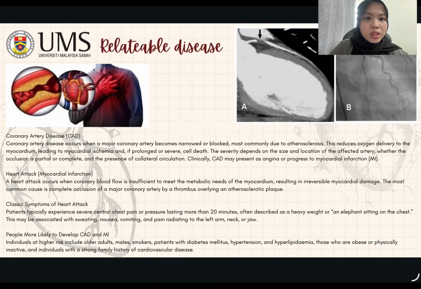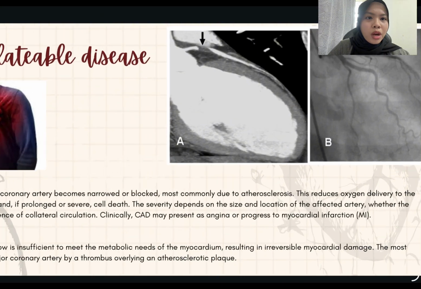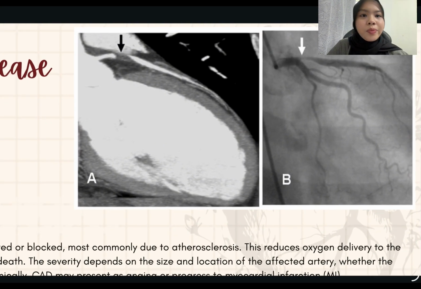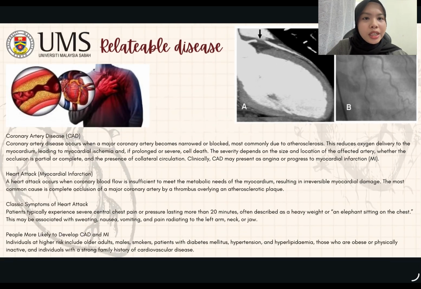So, one of the most common cardiovascular diseases is coronary artery disease, which occurs when a major coronary artery becomes narrow or blocked, most commonly due to atherosclerosis. So this reduces the oxygen delivery to the myocardium, leading to ischemia and potentially irreversible cell death.